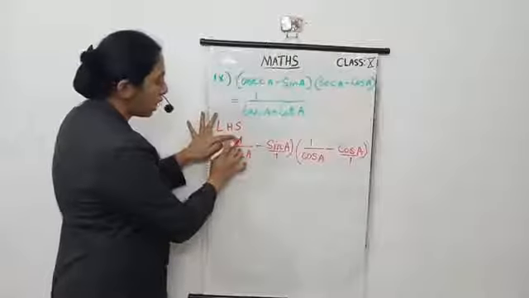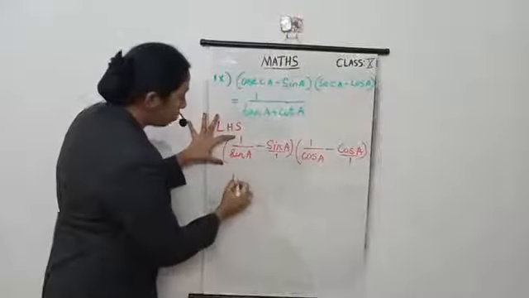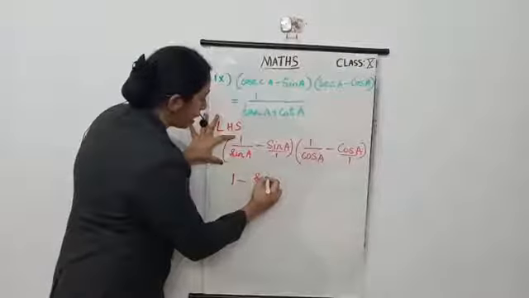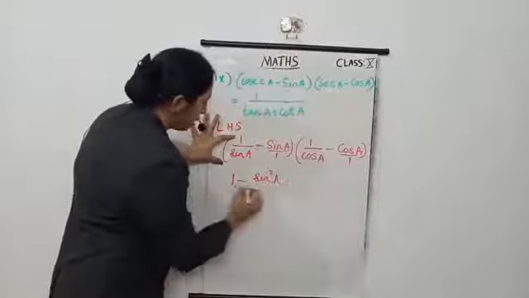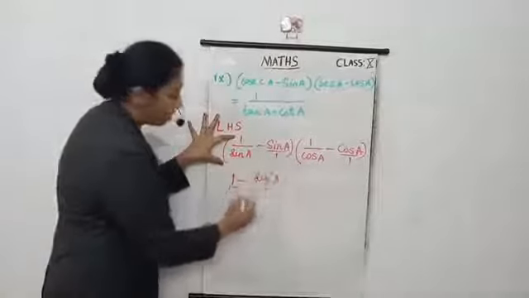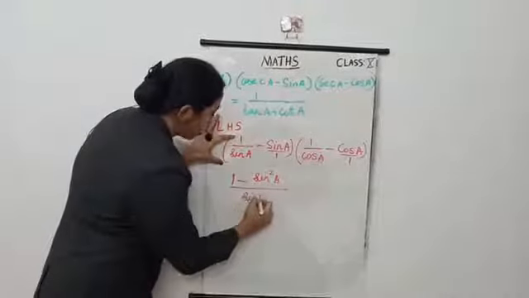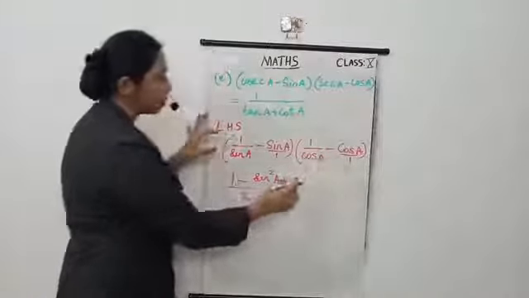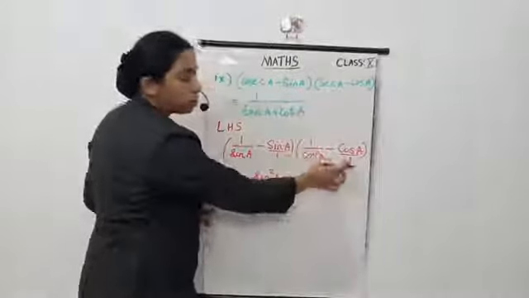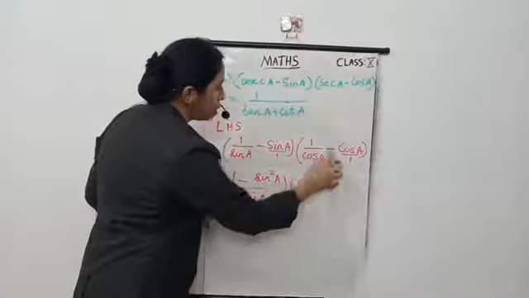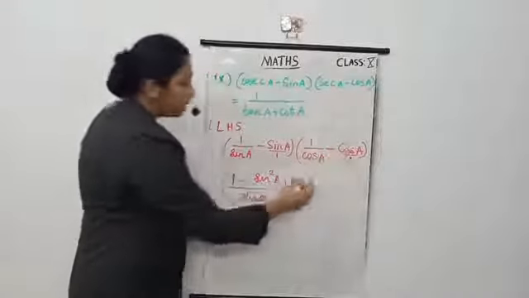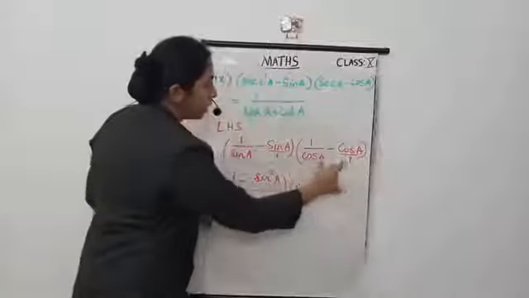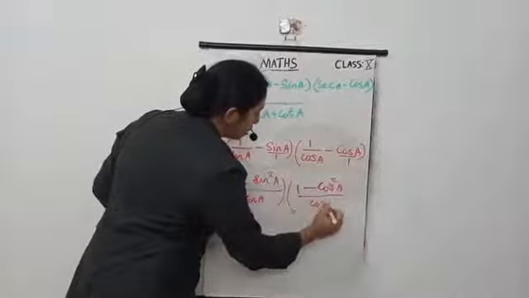So here 1 into 1, 1 minus sin A into sin A is sin square A, divided by sin A into 1, which is sin A. Same here also: first is 1 into 1, 1 minus cos A into cos A is cos square A, divided by cos A into 1, which is cos A.